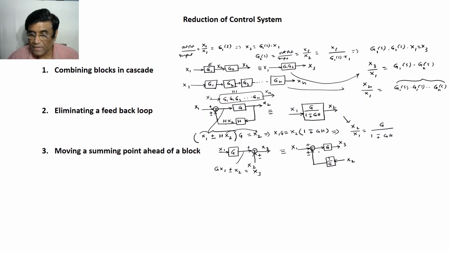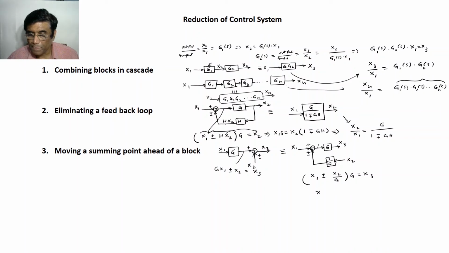Let us see. The signal here is x1, and here it is plus minus x2 by g, times g equals to x3.